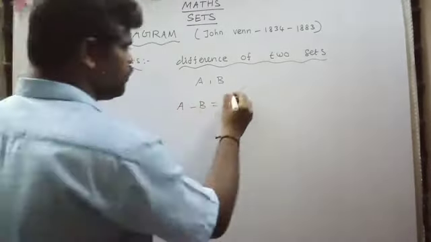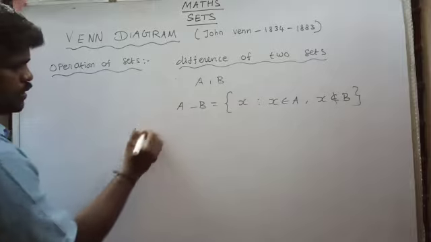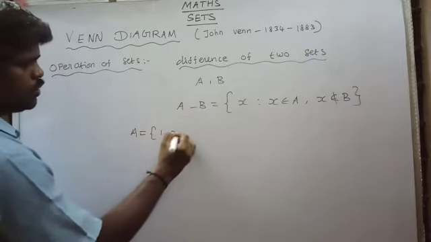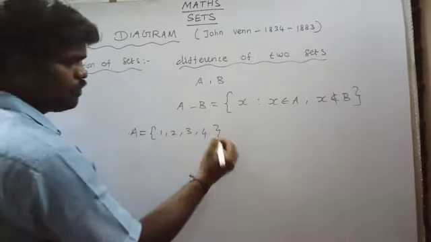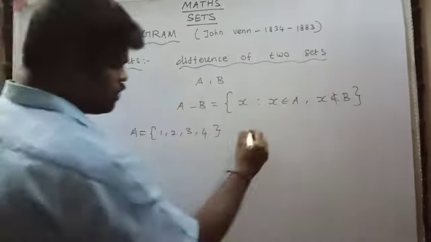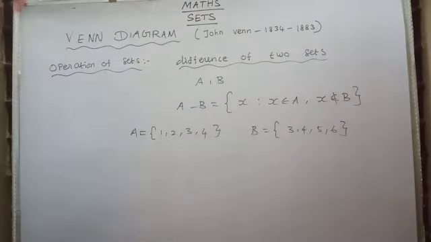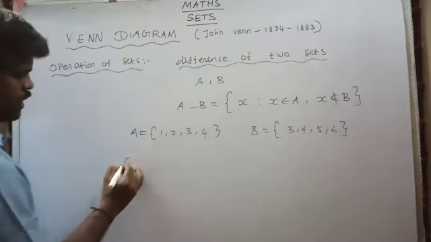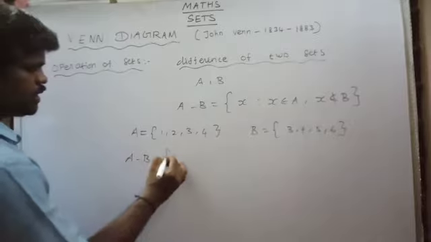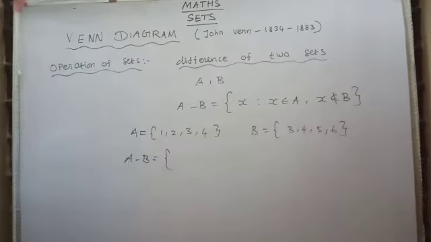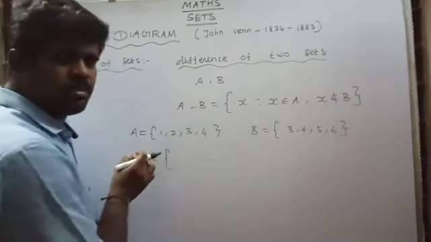We have an example. A equals 1, 2, 3, 4 and B is equal to 3, 4, 5, 6. How do we find A minus B?